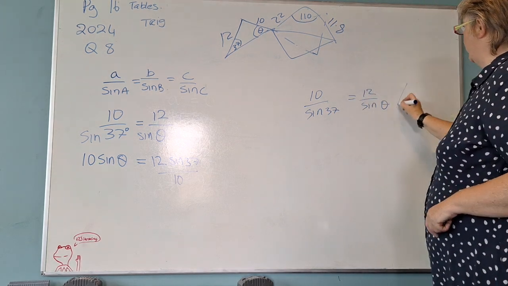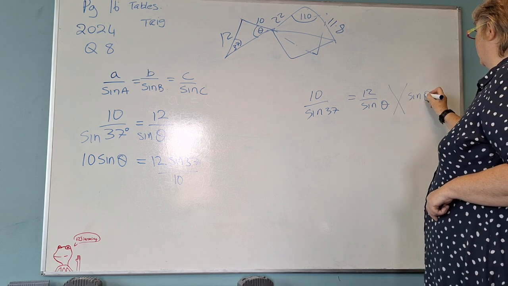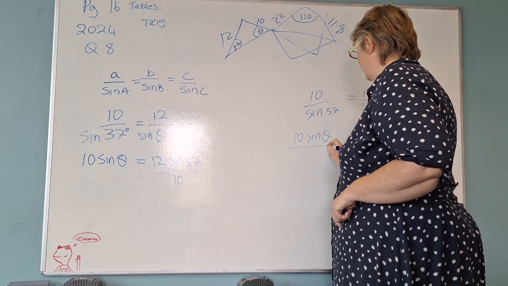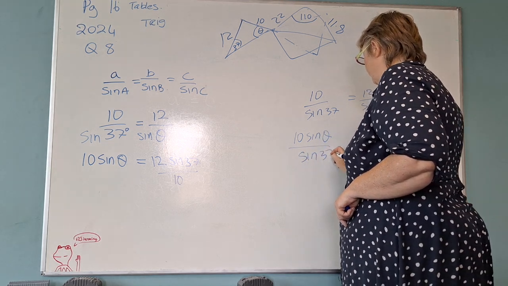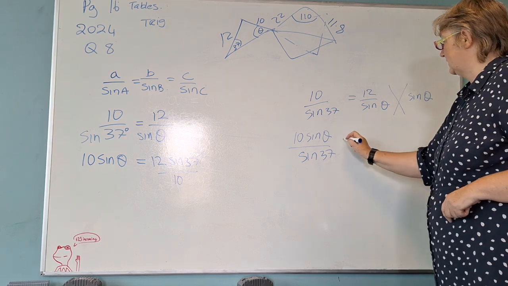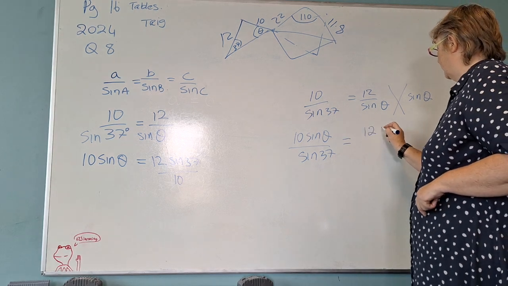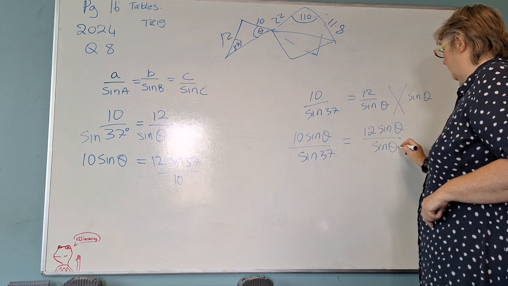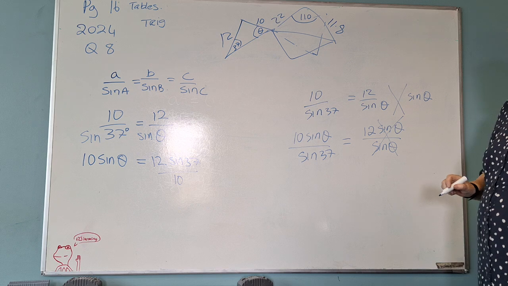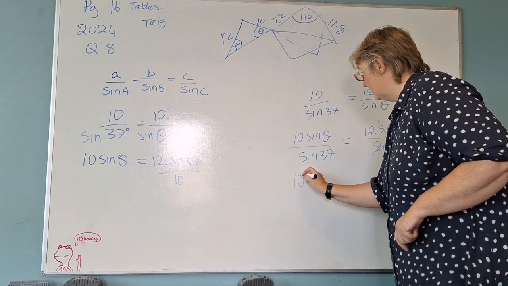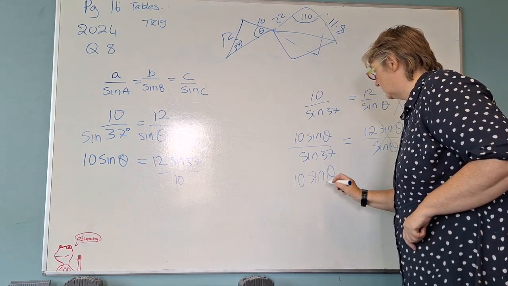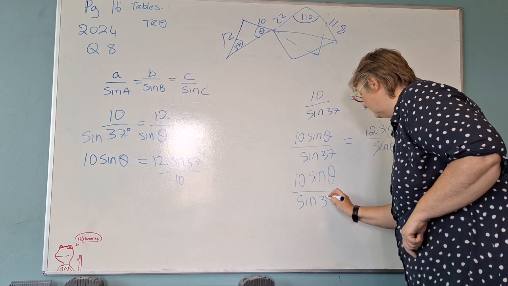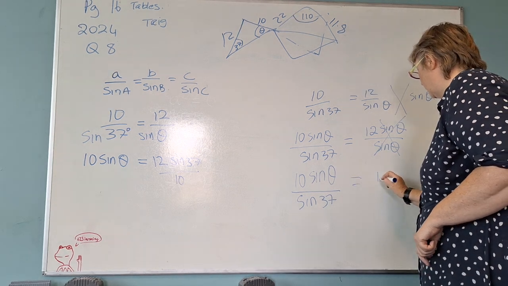I'm going to multiply the whole thing by sine theta, and that becomes 10 by sine theta over sine 37. I'm going to do this in small steps, one step at a time, equals 12 sine theta over sine theta. These cross each other out. So you're left with 10 sine theta over sine 37, this is the hardest part by the way, and here you're left with equals 12.